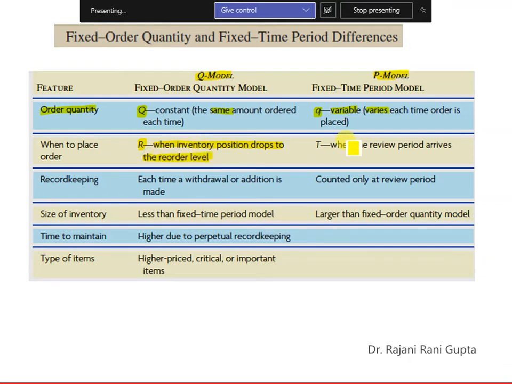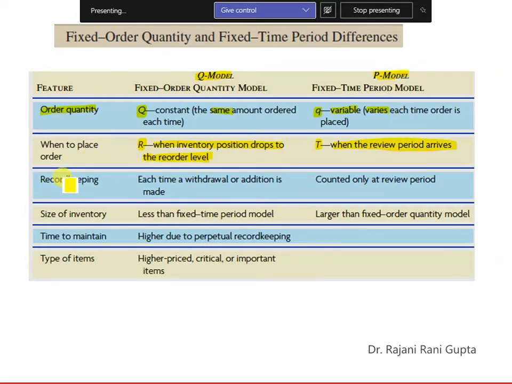Whereas in the P model it is denoted by T, when the review period arrives. So the difference is that in the Q model the next order is placed when inventory drops to a particular reorder level, whereas in a P model the order is placed when the review period arrives.